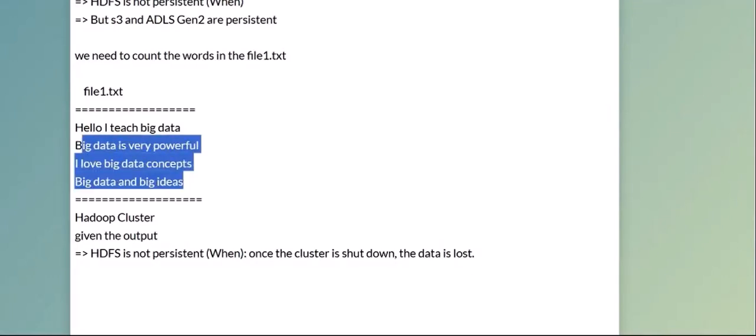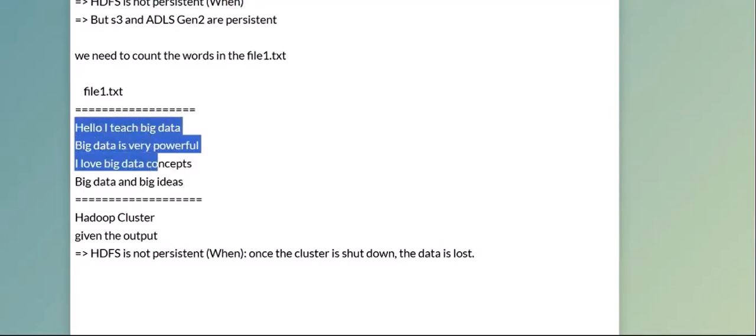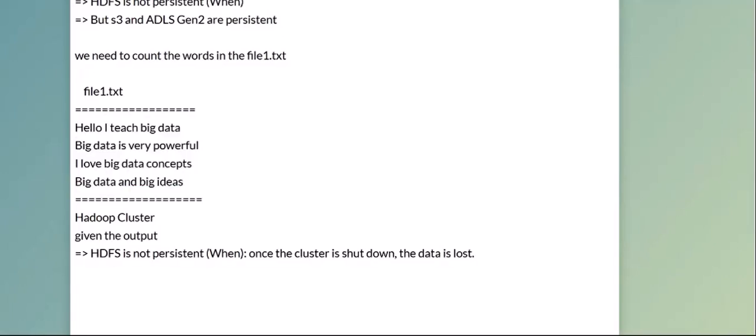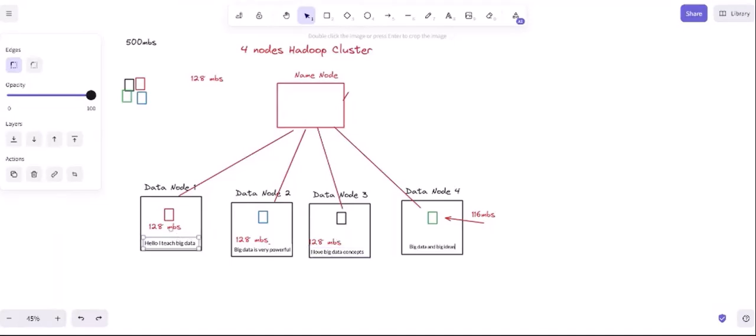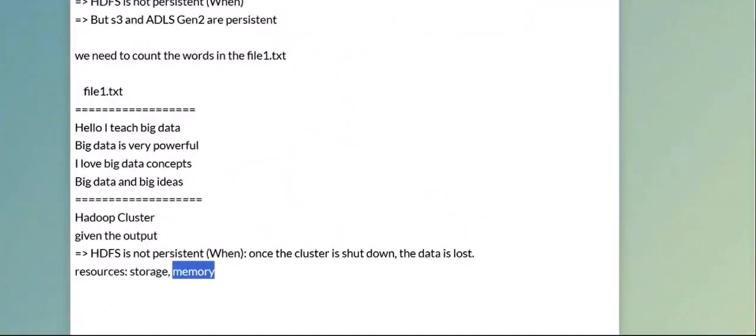For each processing we need compute, we need resources. And what are the resources? Resources are storage and memory. The storage is gone. What about the memory? Memory is also gone.